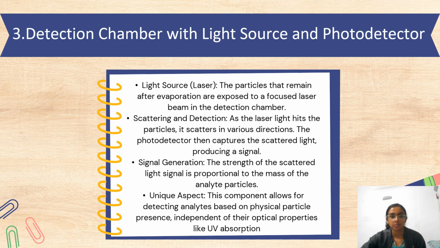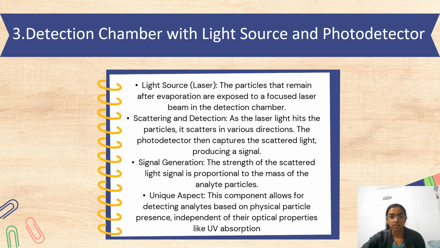Let's see the third part, the detection chamber with light source and photodetector. Light source. The particles that remain after evaporation are exposed to a focused laser beam in the detection chamber. Scattering and detection. As the laser light hits the particles, it scatters in various directions.